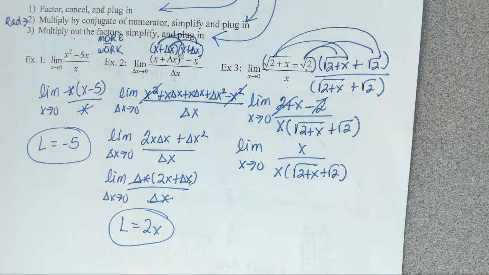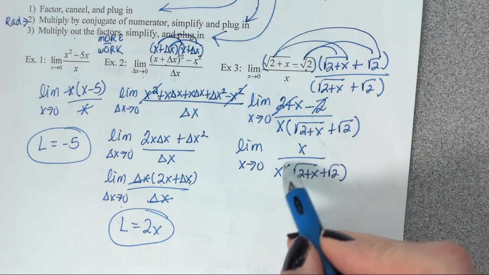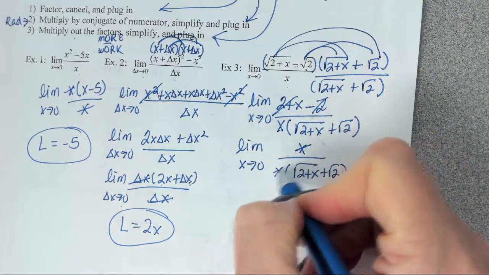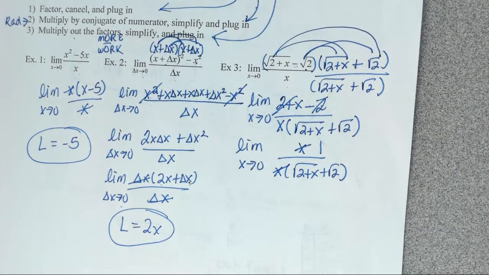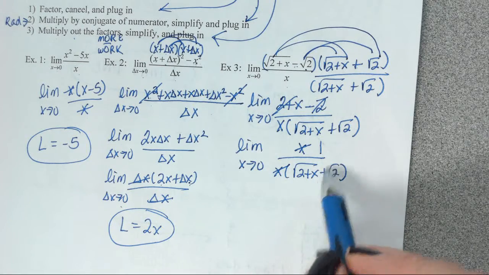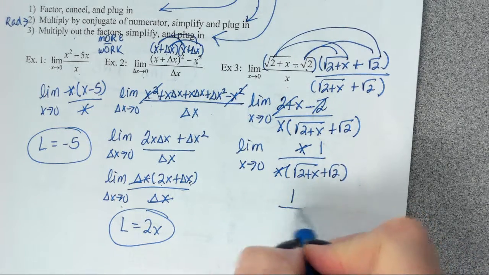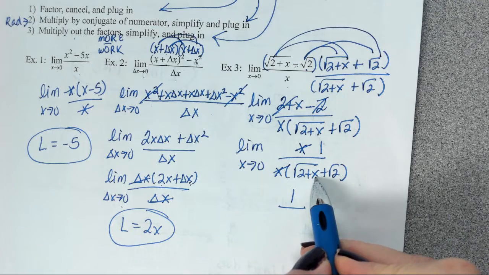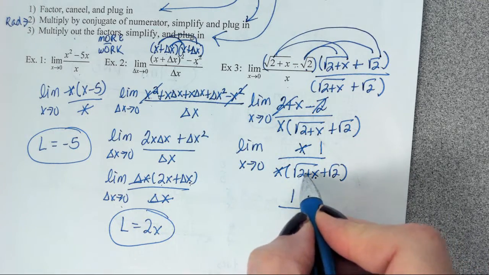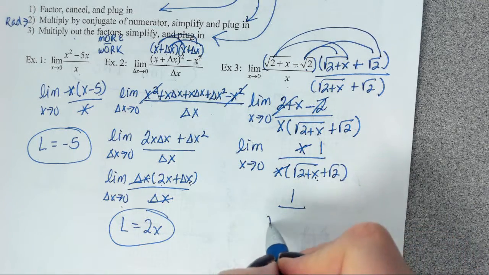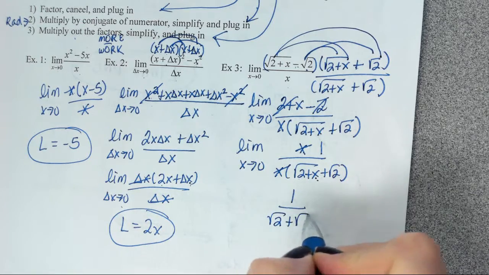Our whole goal is to be able to get rid of the fact that we have 0 over 0. So now I have x divided by x. Those can cancel out and give me just a 1. That's good, because now I can plug in 0 for x. So I have a 1 on the top. If I plug in 0 for x, see, 2 plus 0 is just 2. So I've got radical 2 plus radical 2.